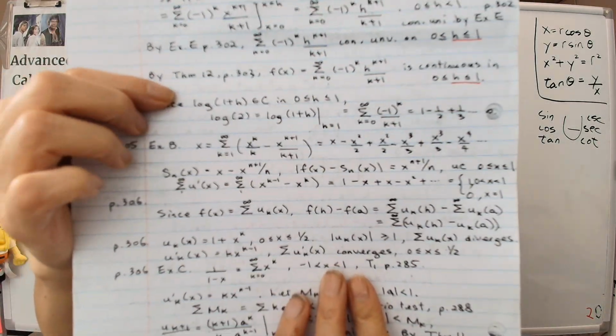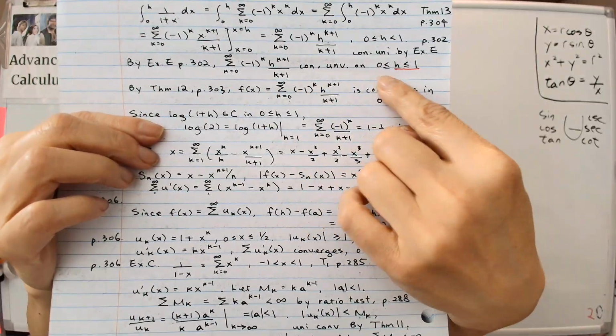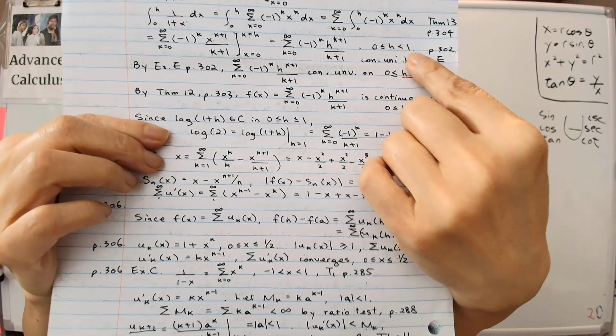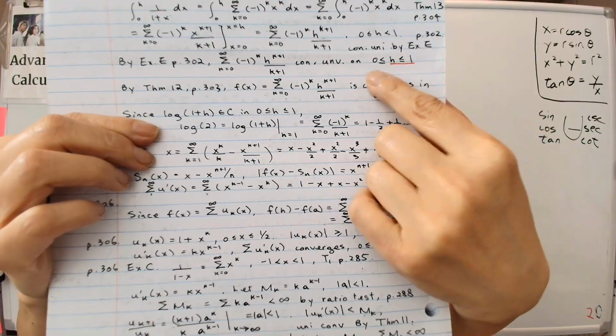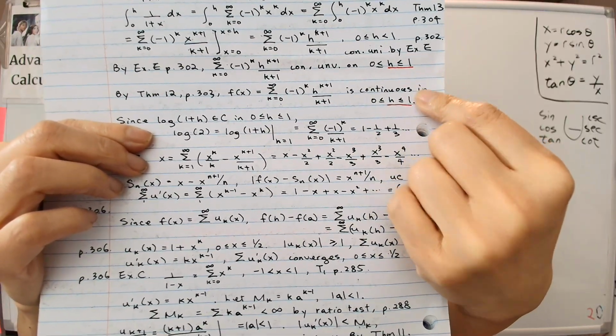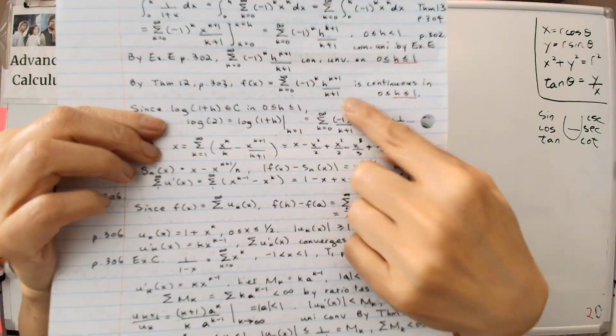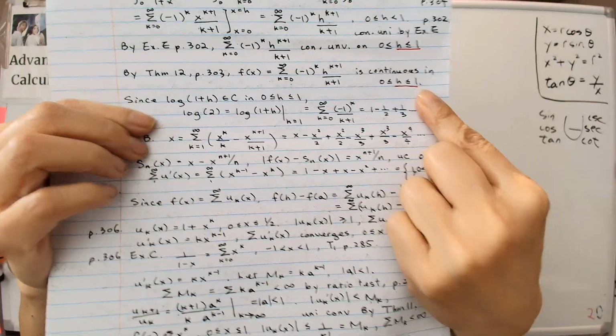Being that example 5 says it is convergent up to and including 1, whereas before we only said it's convergent up to but not including 1, the f of x, which is the sum, is also continuous up to and including 1.